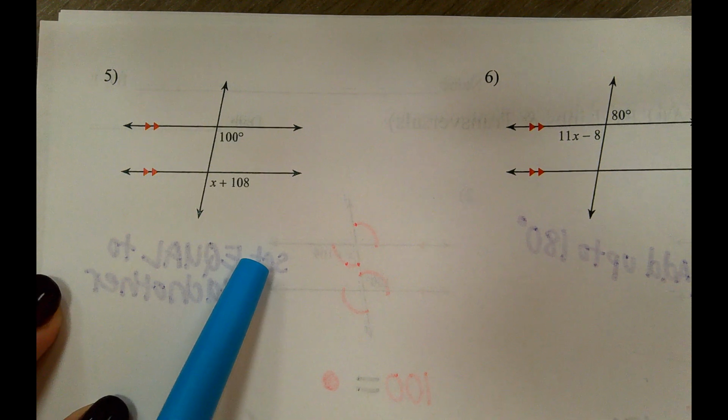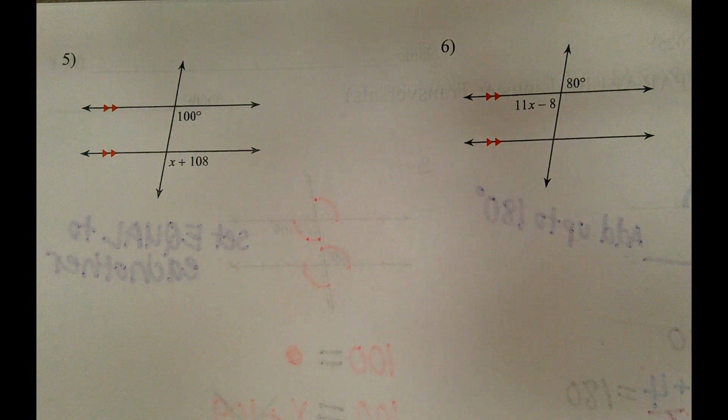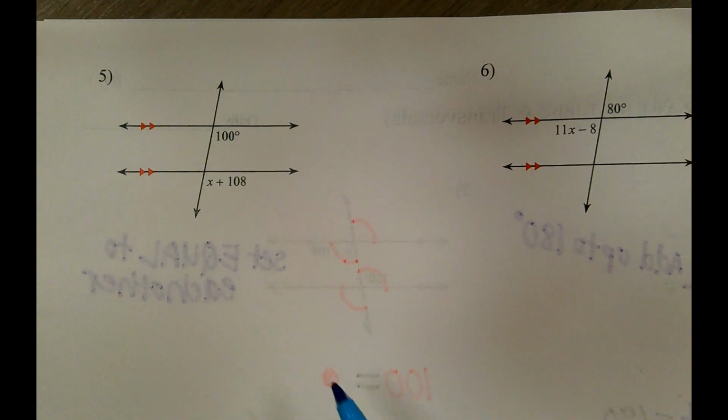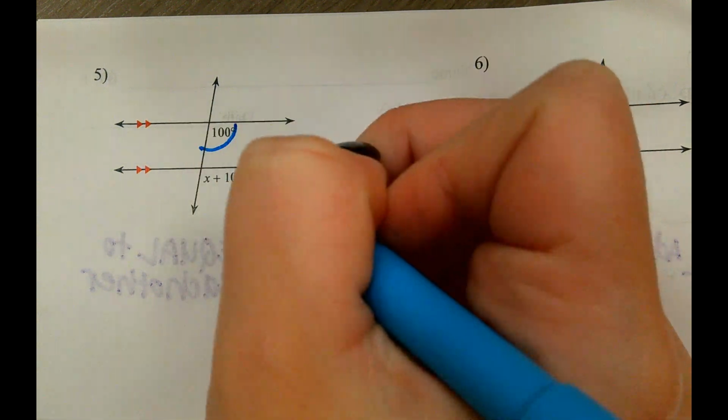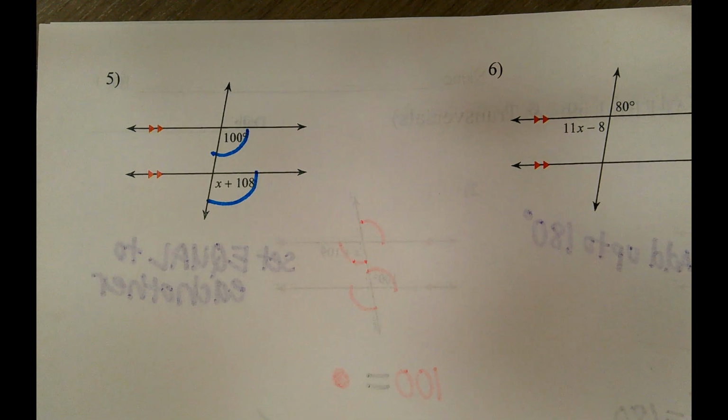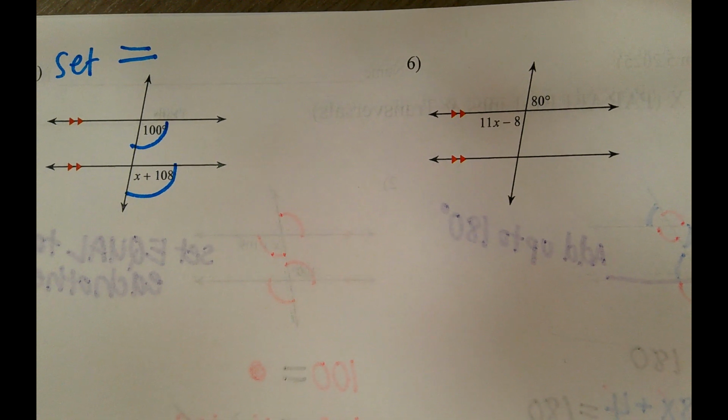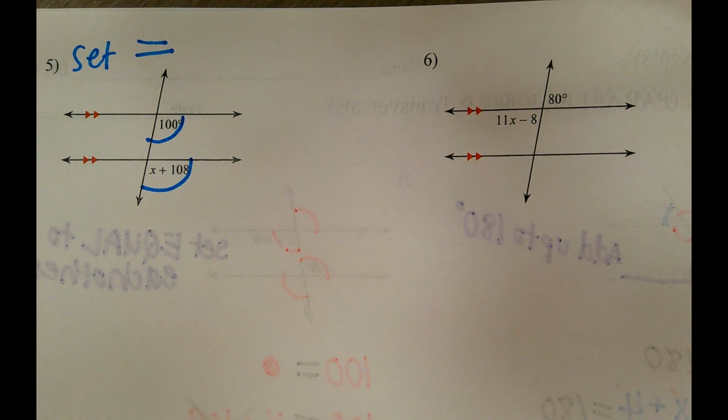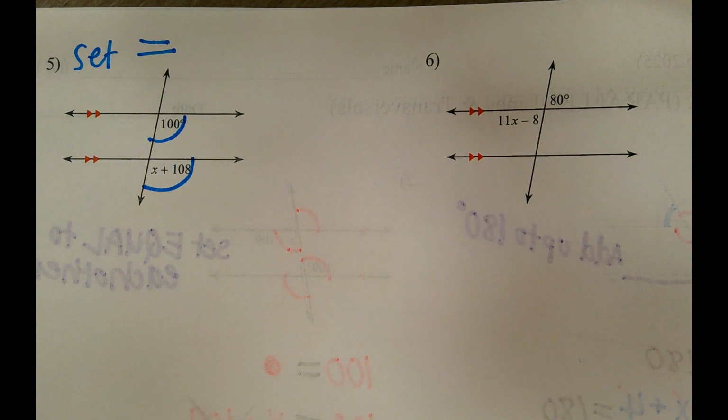Equal or 180? What do we think for number 5? Equal. These angles are corresponding. So for number 5, I'm going to write set equal. Number 6, you think these are equal or 180?